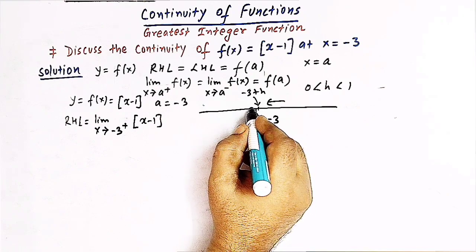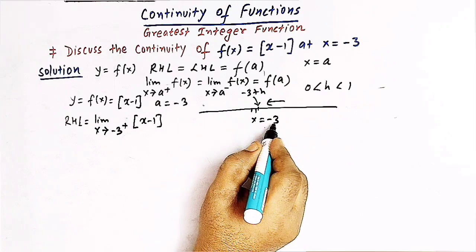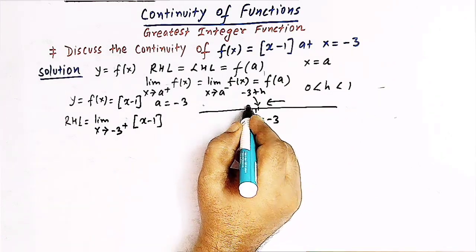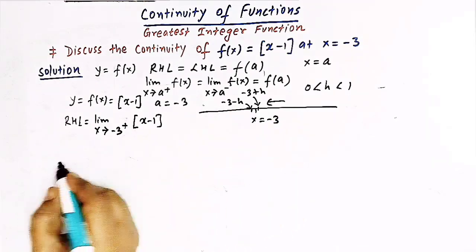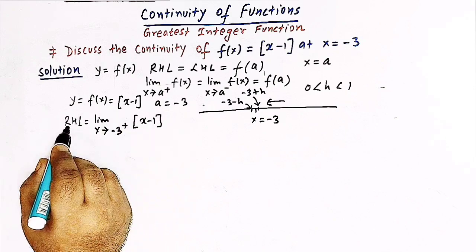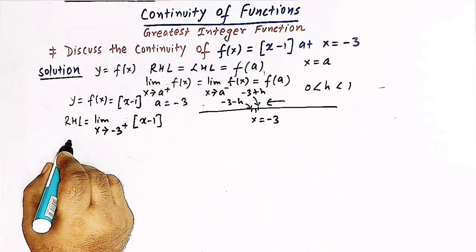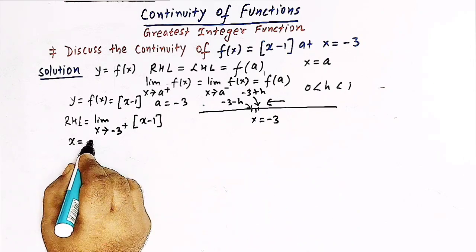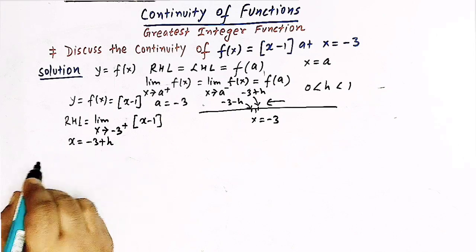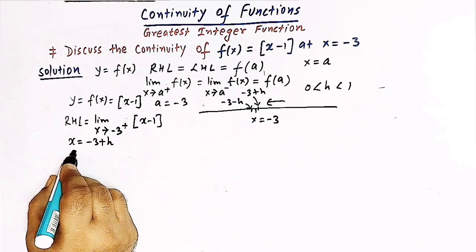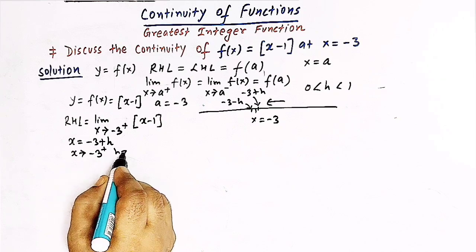Similarly, when we approach x is equal to minus 3 from the left, we reach a point that is minus 3 minus h. To get the right hand limit, we transform this limit in terms of h by substituting x is equal to minus 3 plus h, where h is infinitesimally small and positive, and when x approaches minus 3, h tends to 0.